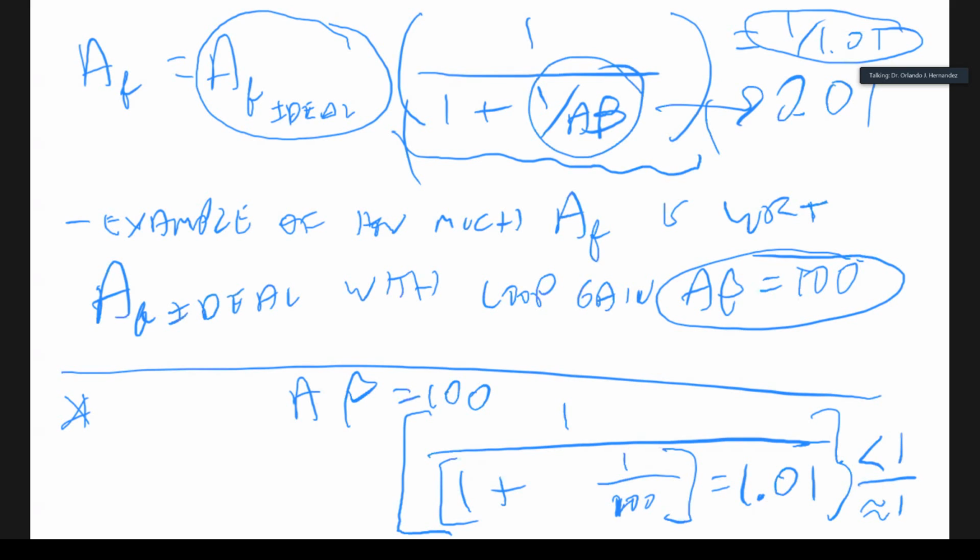We're demonstrating that the real closed loop gain is always less than the ideal, but very close to it because of the nature of the loop gain. All right, that clarifies it. All right, great, awesome.